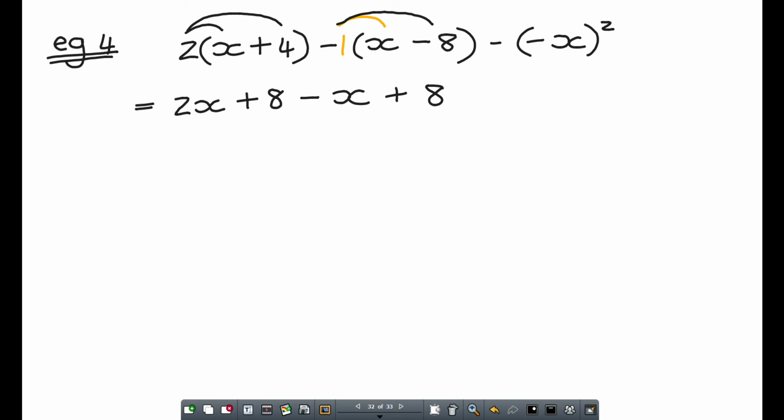Then this part, very important. You cannot use these two together yet, because what does BODMAS tell me? I first have to get rid of the brackets. And that bracket is the same as this, minus x times minus x. Do you guys agree? Okay, so let's put a blue minus in front.